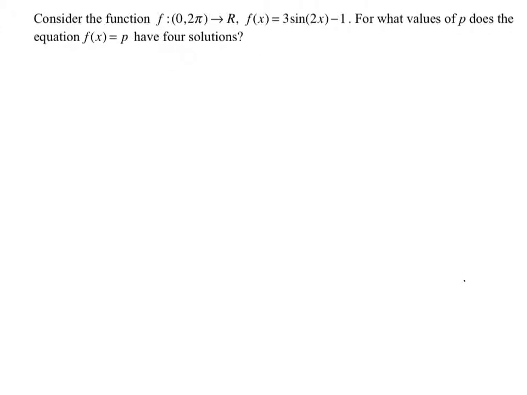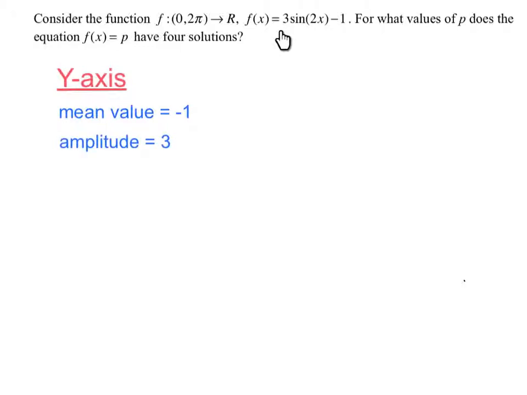So the best approach here would be to graph it. In order to graph it, what's happening at the y-axis? The y-axis is dominated by the mean value of -1 in this case. It's also the amplitude of 3.